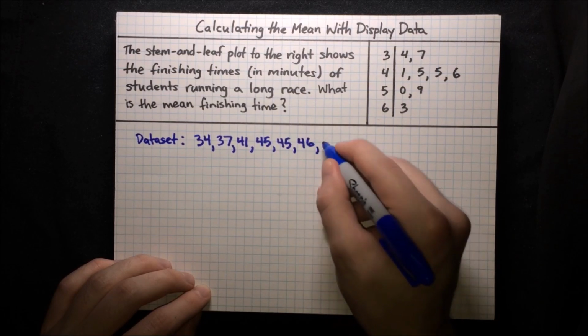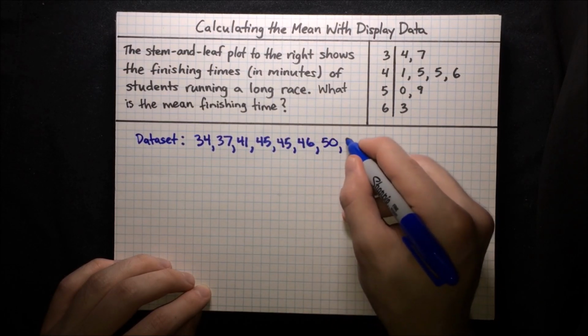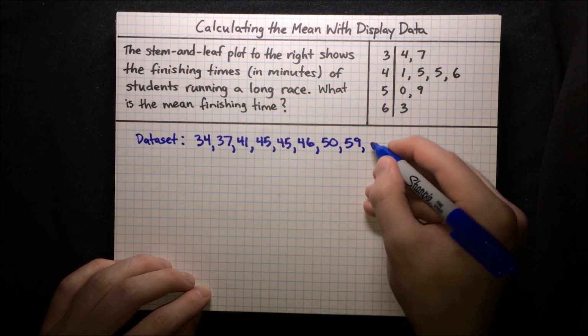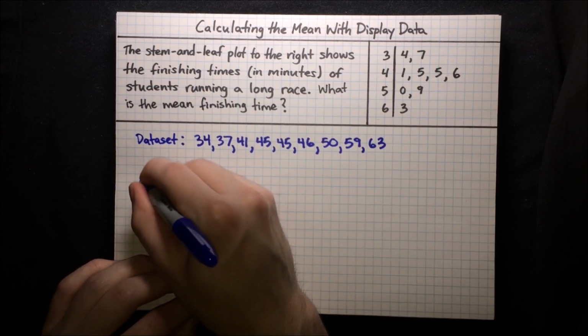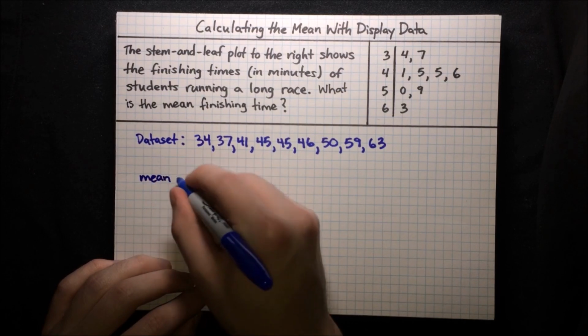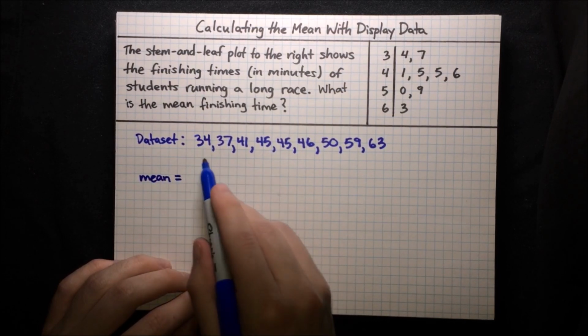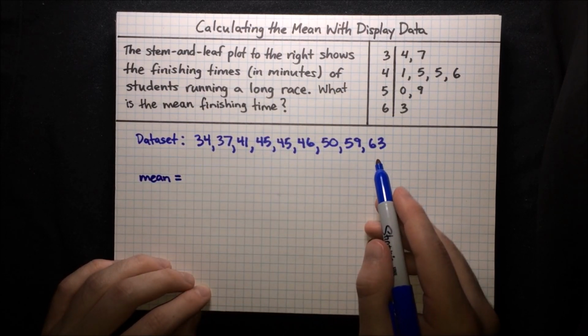Going on to the next row, we've got 50, 59, and then in the last row, we've got 63. So to calculate the mean of this data set, we just have to add up all the values and divide by the number of values.